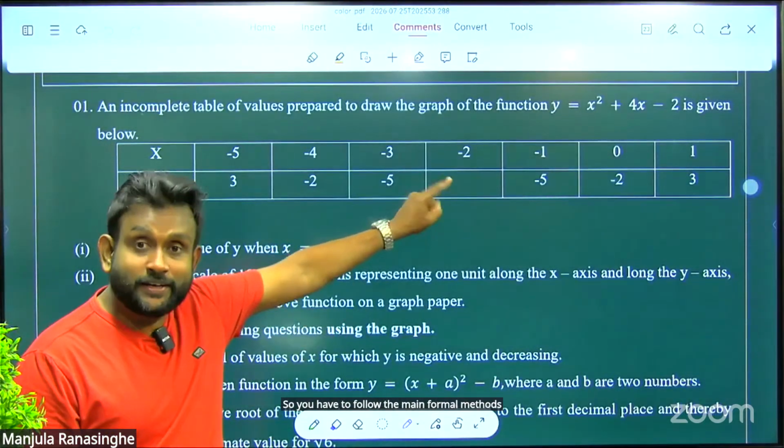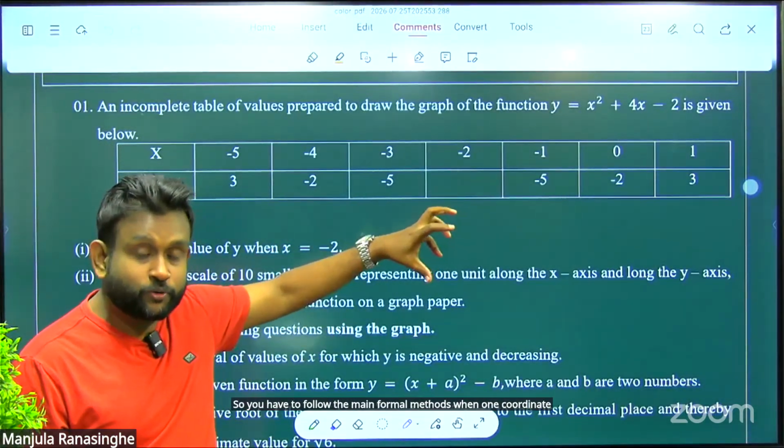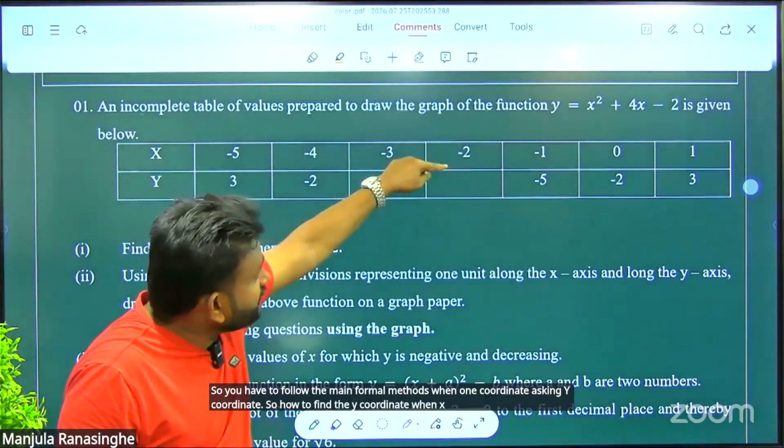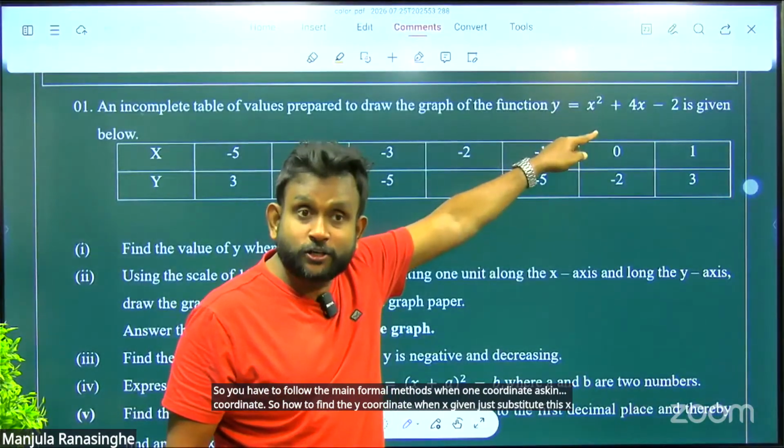When a coordinate is asked, for example the y coordinate when x is given, just substitute the x value into the function above.